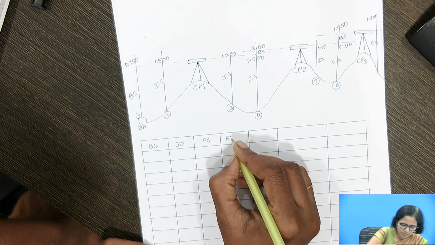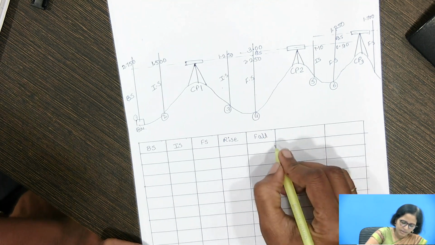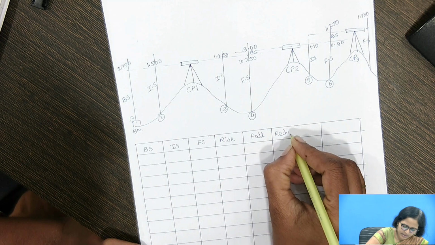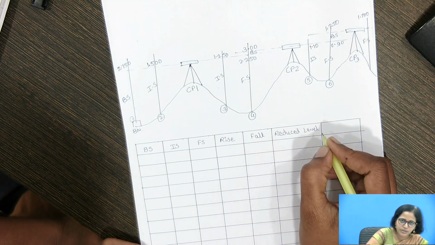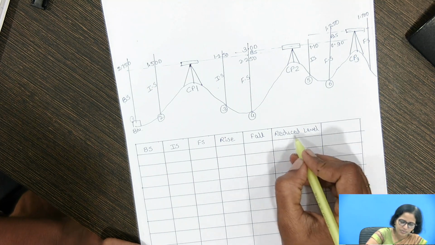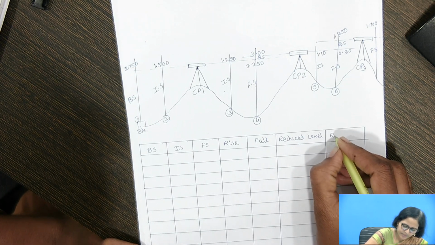I will be solving it by the rise and fall method. Next, the RL, that is called the reduced level. Leveling is used to find the difference in elevation between two points, and that is nothing but the reduced level. Next is the remarks.